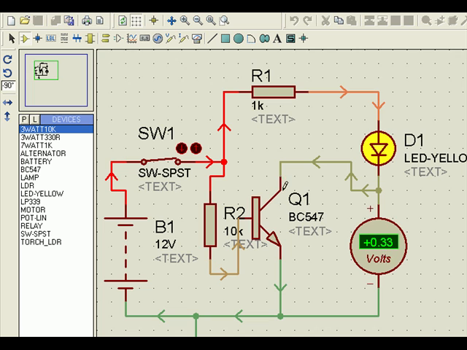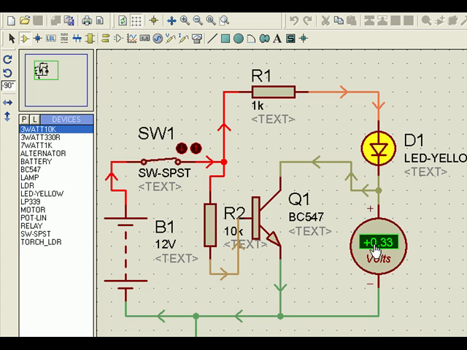Just the switch drop, or the saturation voltage drop we call it. Since this particular point comes to ground, it is nearly 0 volts. So this is how a transistor is used like a switch.